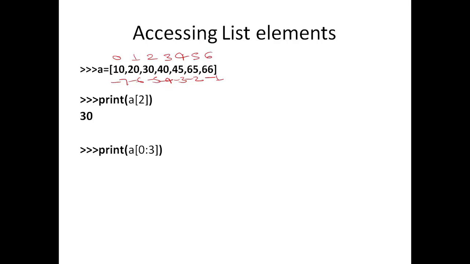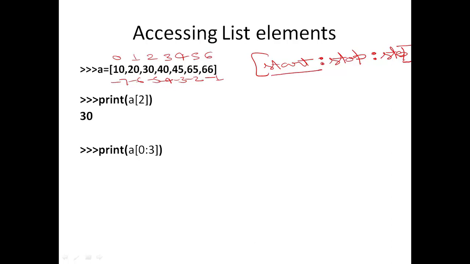In the next line, I am writing the slicing operator. The slicing operator has three parts. The first part is called the start part. Then after the colon there is the stop part, or you can say stop index, and finally we have the step part, or you can say step value.